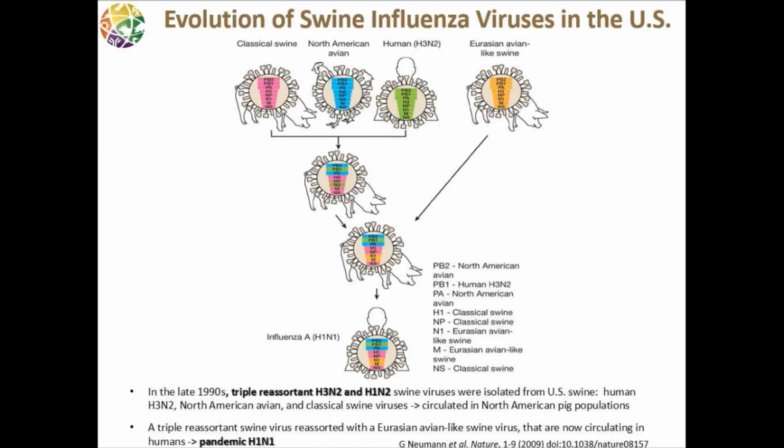This triple reassortant virus containing genes from swine, avian, and human species, circulating in pigs, reassorted with introduced Asian isolates, and this created the pandemic virus. Pandemic H5N2 moved to humans, and currently this virus is prevalent in the pig population and in humans.